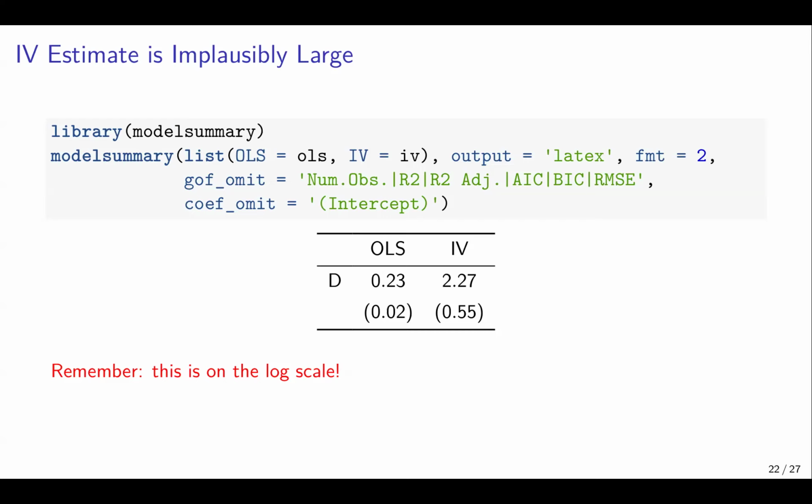And remember what the instrument is. It's proximity to four-year college. So being near to college, the idea goes, makes it easier for you to attend by lowering the cost. So we can imagine that Z does have a causal effect on D. But what else might be true about people who live near to a four-year institution? For example, what might be true about people who live near to, I don't know, Oxford University?